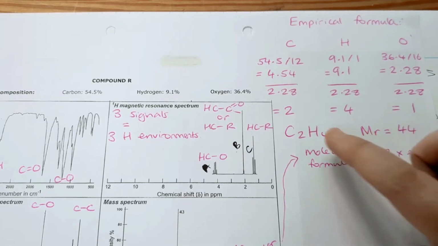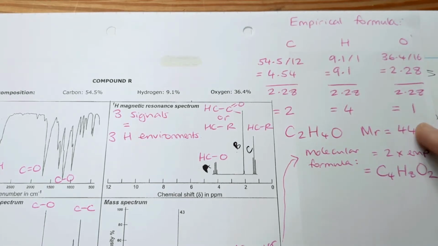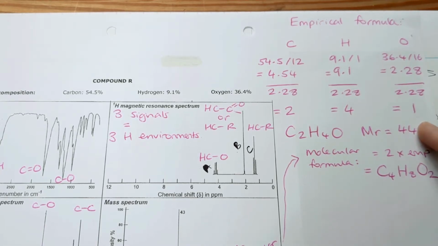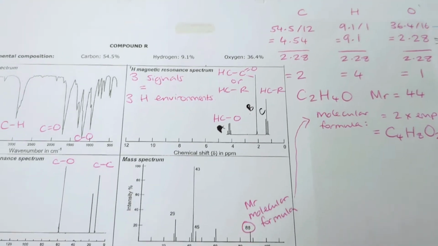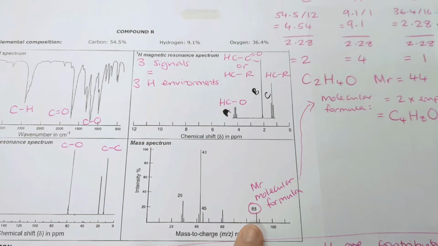After we've got that empirical formula, the simplest whole number ratio, we work out the molar mass of this and compare it to the molar mass from the M plus peak, so the peak furthest to the right on the mass spectrum. This gives us the molar mass of the actual formula.